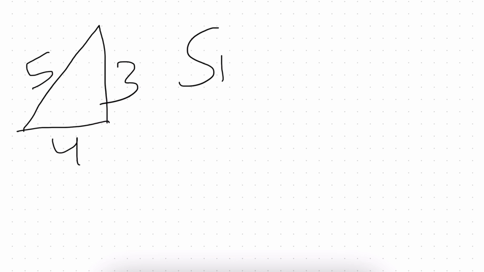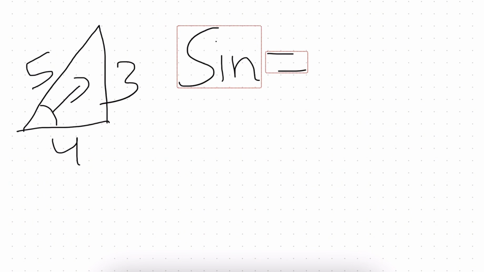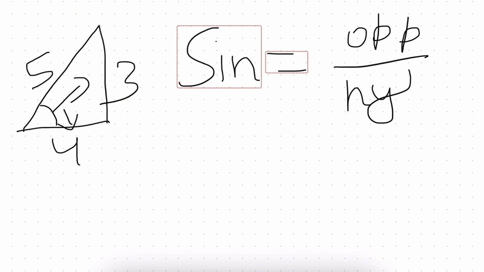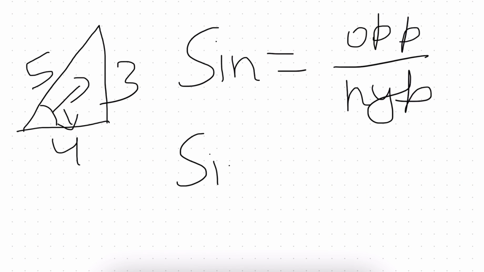So the value of sine, this was our theta, will be opposite over hypotenuse. So we'll put the value of opposite and hypotenuse.